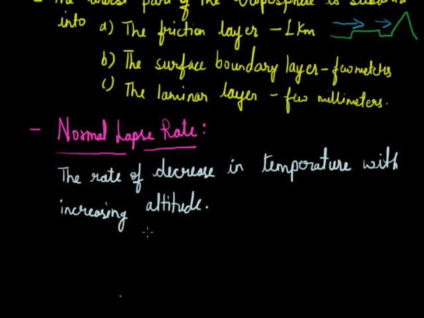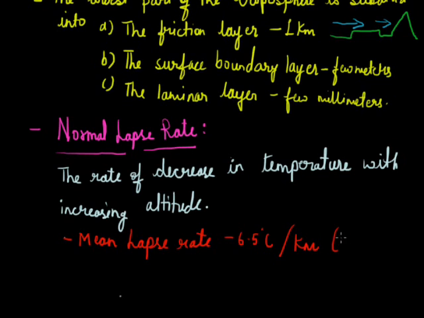The mean lapse rate is 6.5 degrees Celsius per kilometer, or 3.6 degrees Fahrenheit per 1000 feet.